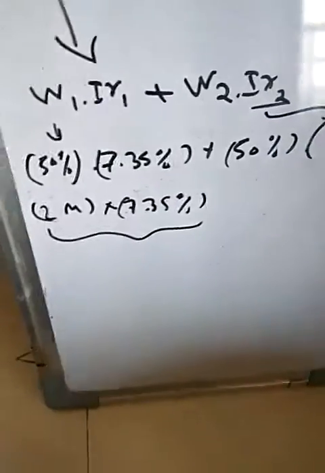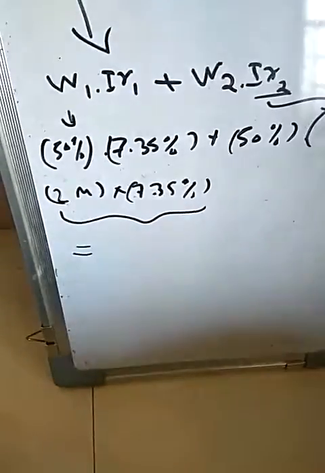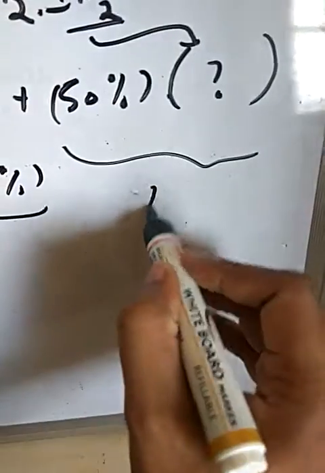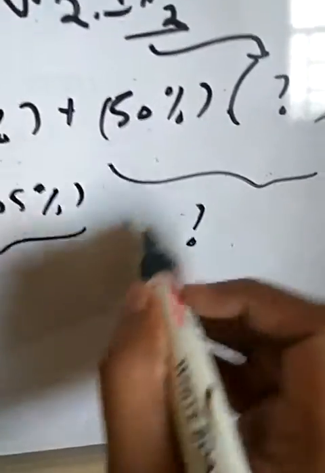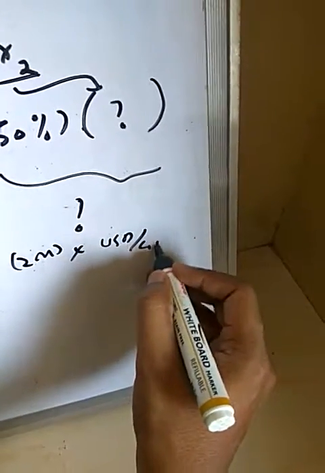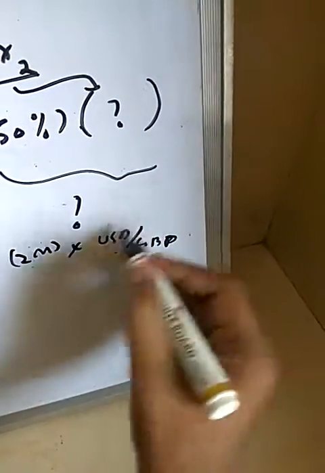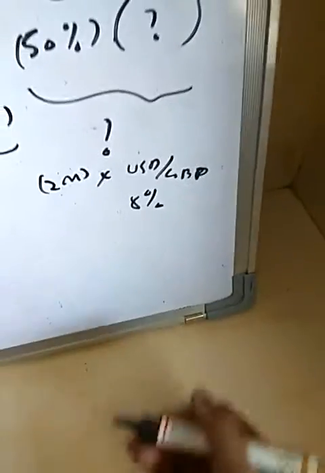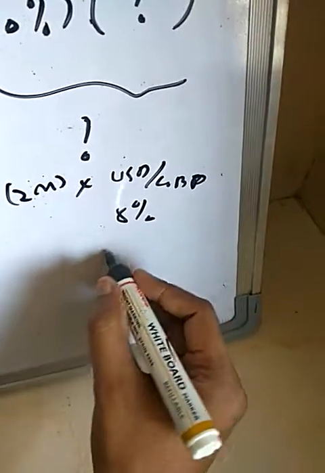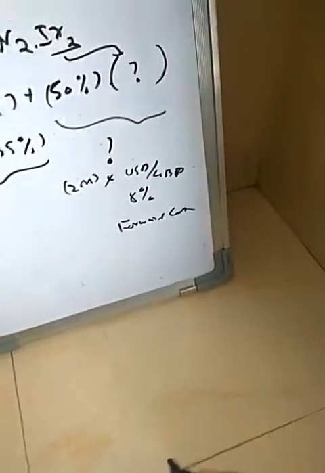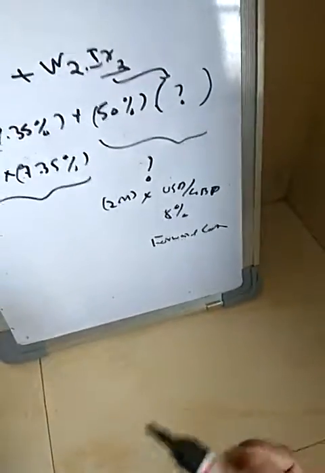We can do the math here, easy, right? You will get an answer. Let's come to this point. We know 2 million into something that they did between USD, GBP, and that 8 percent they have given to an outside player. After 1 year they will get some money, and it has been already locked at the forward rate, forward contract, and so on. So let's do that math.